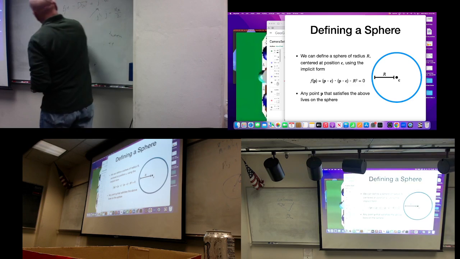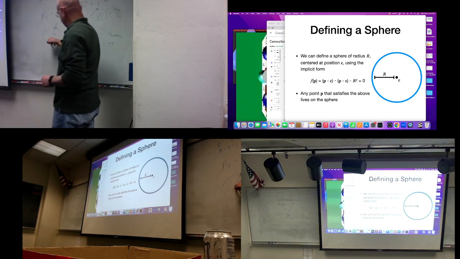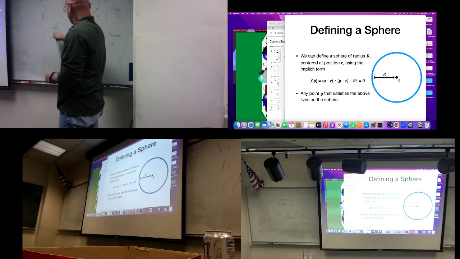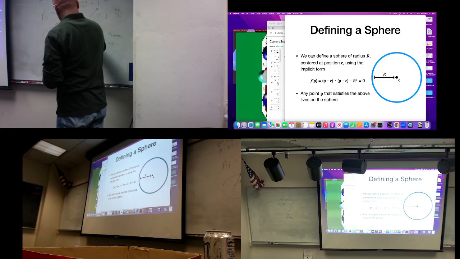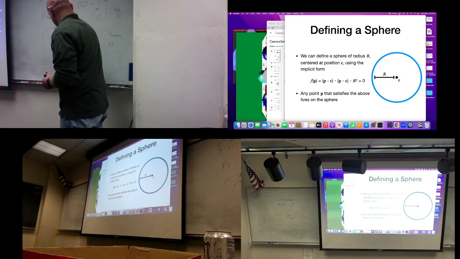So we start. Here is a point P, here is the center C, V is the vector connecting them. What corresponds to all the points P? The length of V is R, the radius.